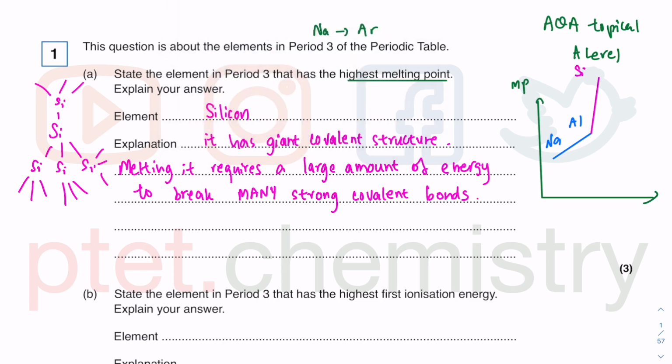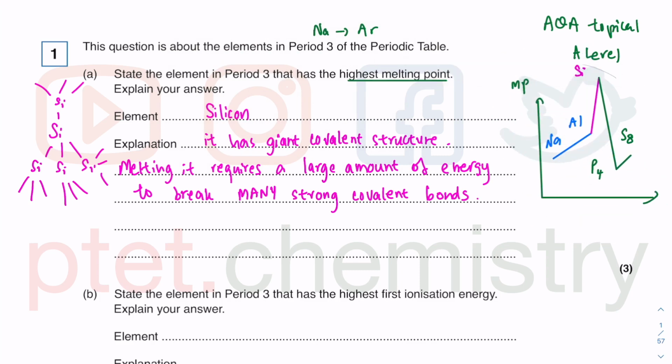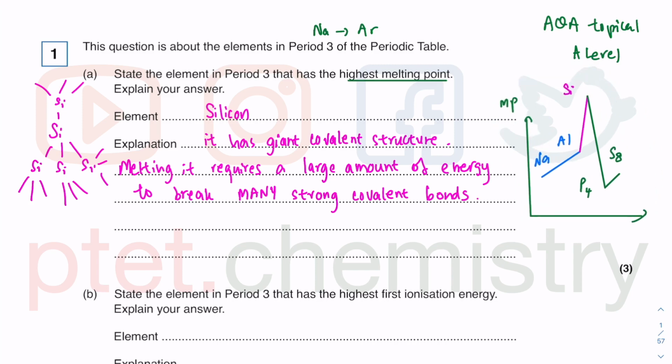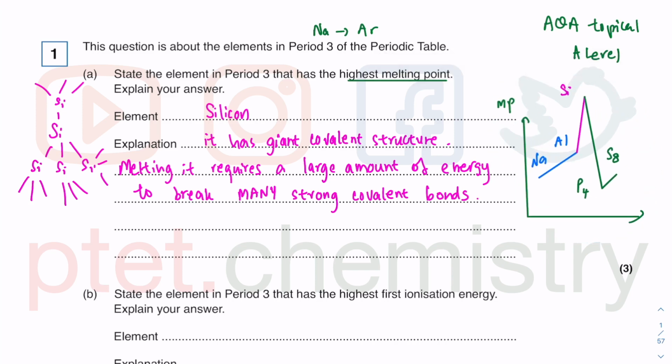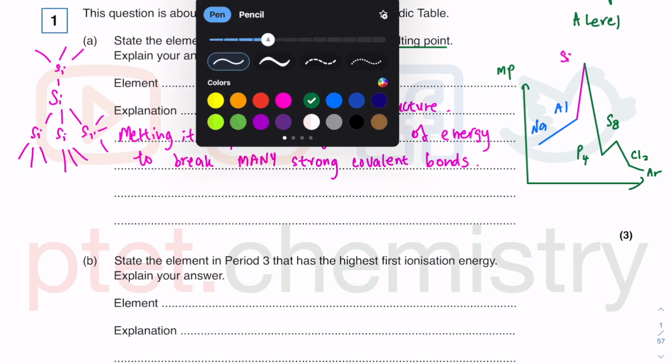Just to continue the story, it goes all the way down to phosphorus. Phosphorus is P4 as a molecule, and it goes up slightly to S8 because there are more electrons and therefore stronger van der Waals forces, stronger induced or temporary dipoles between the molecules. Then it goes down to Cl2, and finally down to argon, where argon will have the least number of electrons in the molecule.